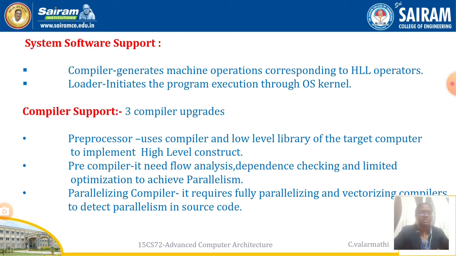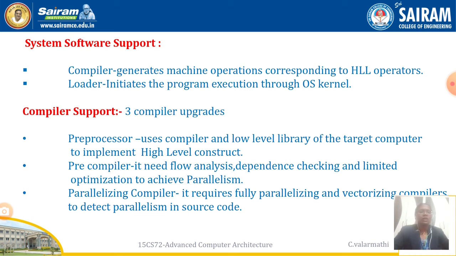For example, in C language, if you are going to add two numbers, a plus b is equal to c is the exact operation written in a high level language. Once you compile the C program, the compiler will convert the C program into opcodes, machine opcodes. It converts to opcodes because, as we know, the hardware only recognizes machine codes. So this is the main task of the compiler.